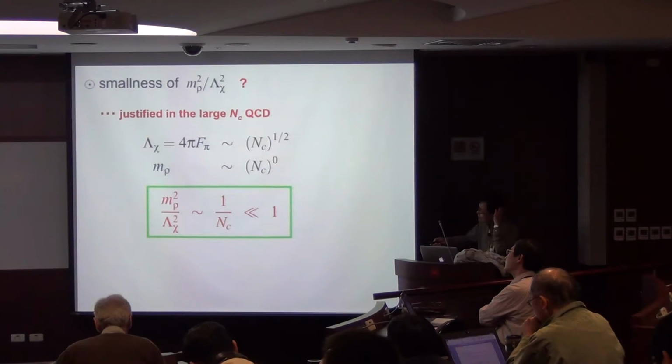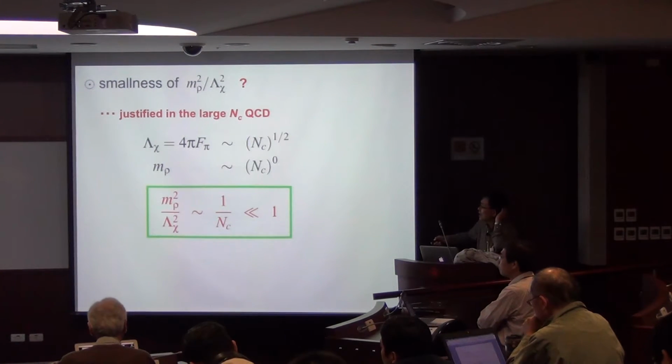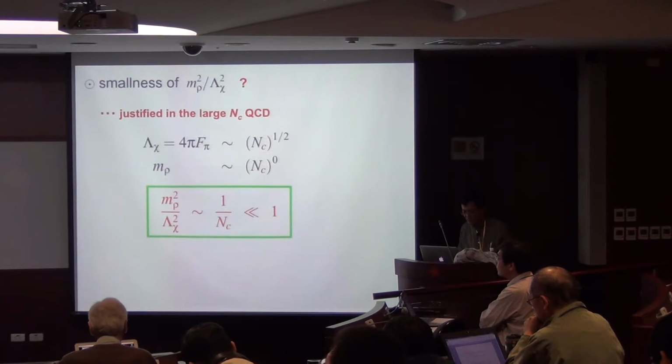But actually, this expansion is justified in large Nc QCD. In large Nc QCD, f pi scales as the square root of Nc. Then f pi becomes larger and larger, so lambda chi becomes larger and larger, while the rho meson mass doesn't scale. Then this parameter becomes very small in the large Nc limit.